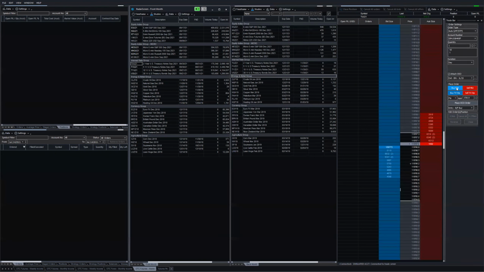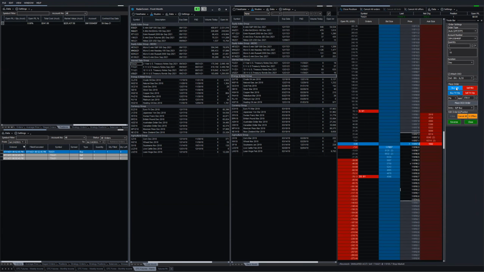Yeah, place a market order. Okay, then you see the tick value is $7.81. That's kind of abstract, right?